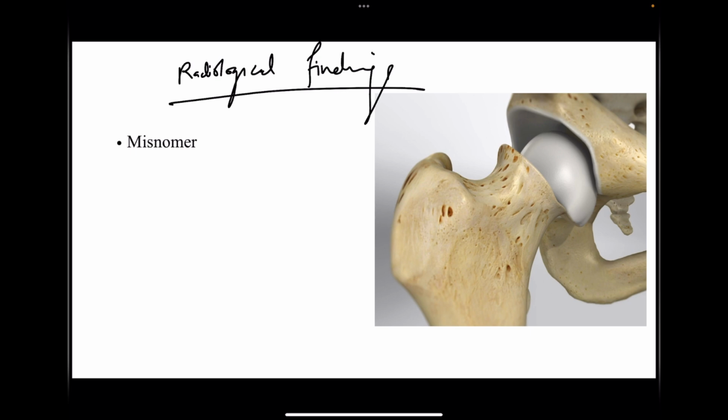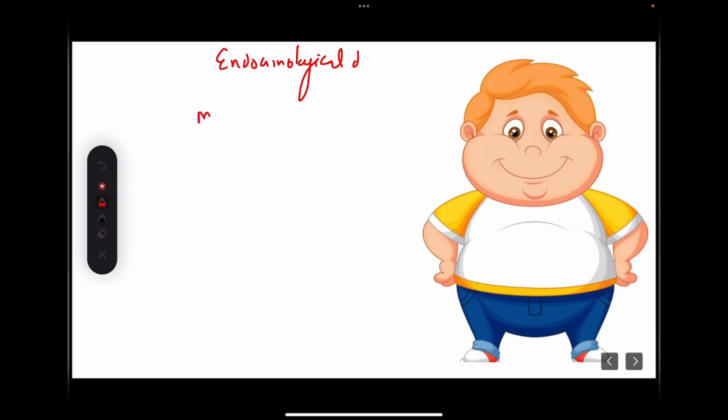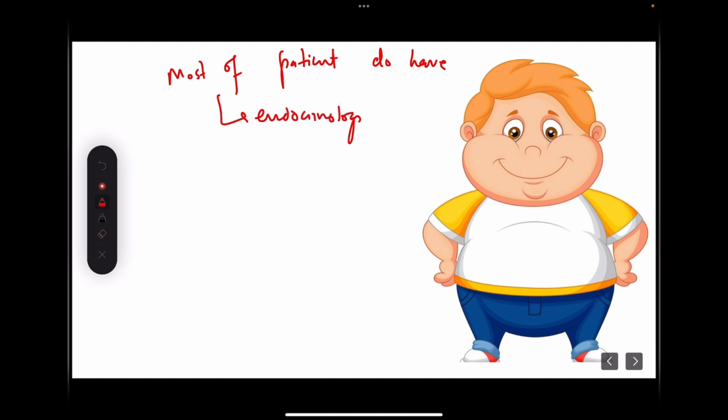So the condition is a misnomer, I have already told you. It is the metaphysis which slips in the antero-superior-lateral direction, but not the head. The head is relatively slipping in a posterior-inferior direction. Most patients do have some endocrinological disorder. As you can see very well in this picture, the child is an obese child, and mostly these are male children around puberty.